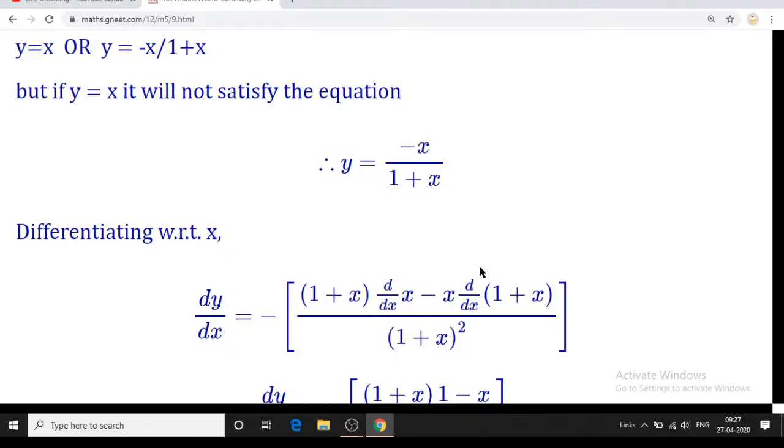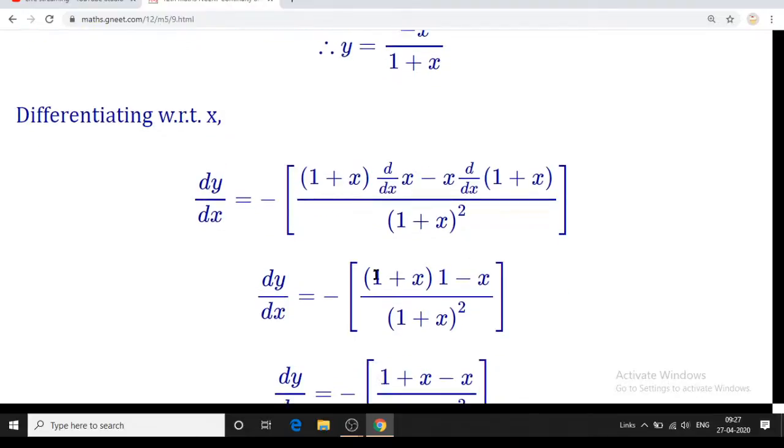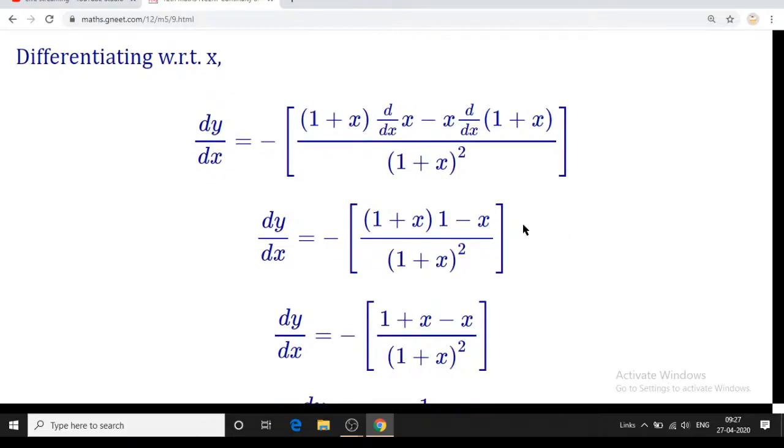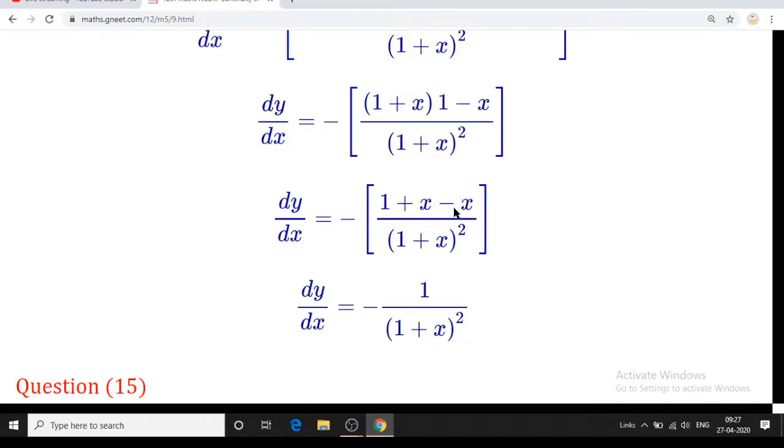Here we have used the formula of u upon v: minus, this is 1 plus x, derivative of x is 1, minus x, derivative of this is 1. When we simplify, ultimately the x will get cancelled. So minus 1 upon (1 plus x) the whole square.